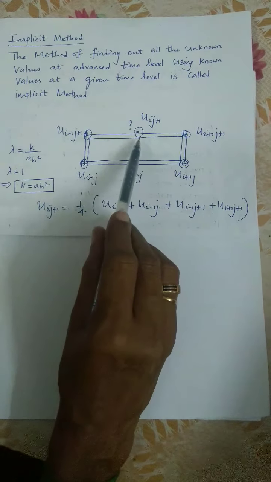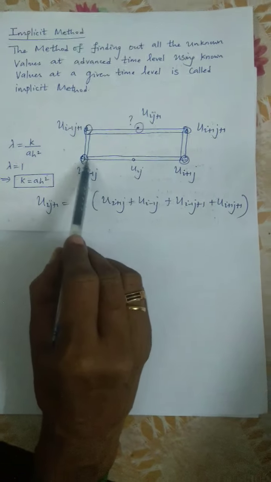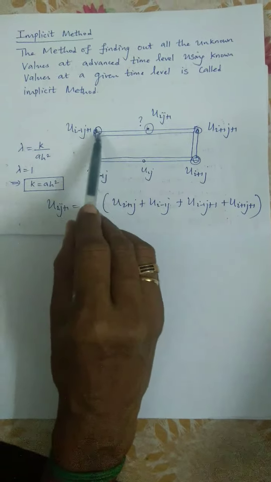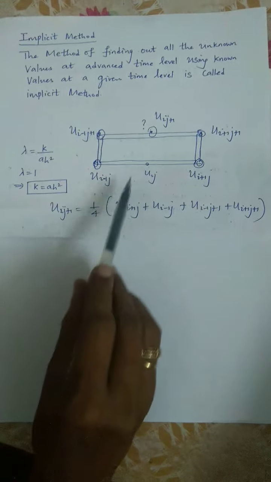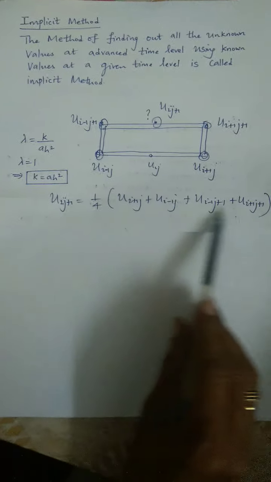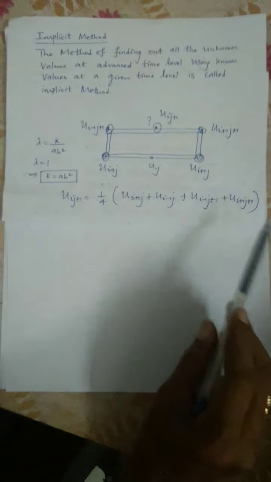Just take this particular level's forward and backward values, and in the same way the next level's forward and backward values. Taking the average of these four is nothing but our Crank-Nicholson scheme. This particular scheme is unconditionally stable.